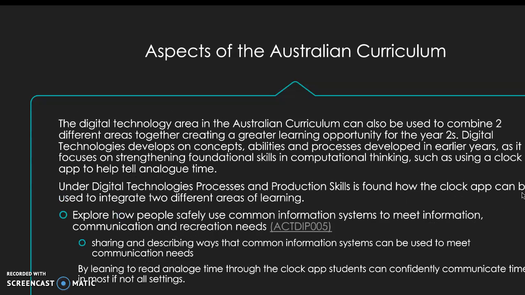In the digital technology area in the Australian curriculum, it can also be combined with the maths curriculum for Year 2s to create a greater learning opportunity. So this area develops on concepts and abilities that they learnt in earlier years, such as Year 1 or in pre-primary, and it focuses on strengthening the foundational skills in computational thinking, such as using the clock on an app to help students tell analog time.